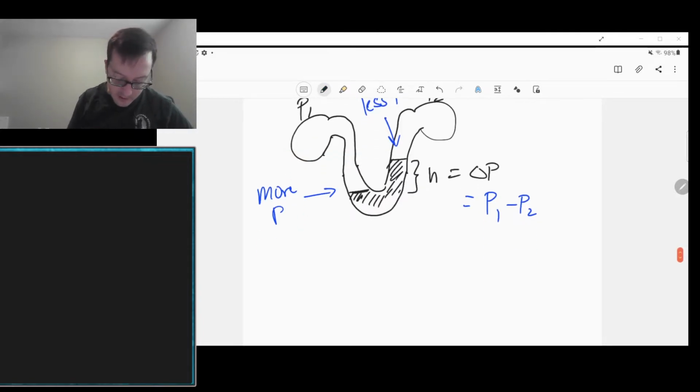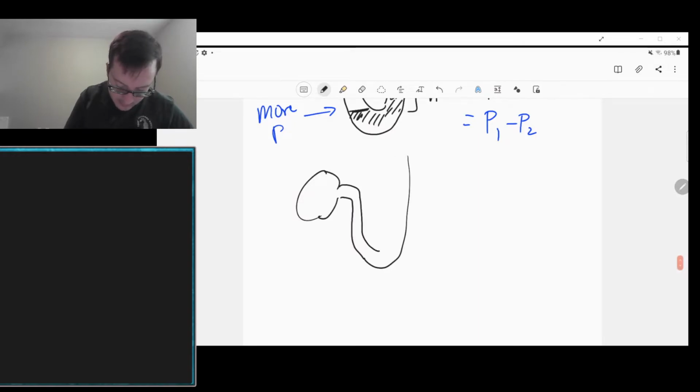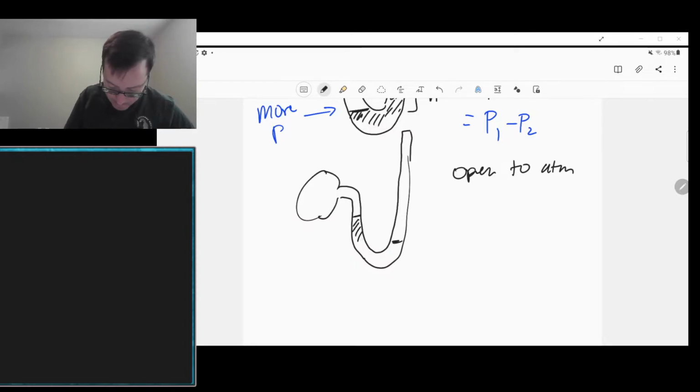If we have an open one, now this is going to look like a kidney, like a nephron. But if we have this open to the atmosphere, in this case, let's make the... again, we have our H here.